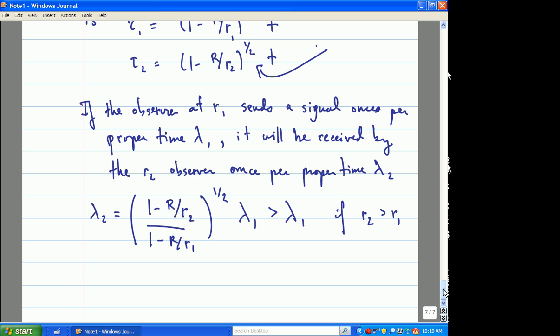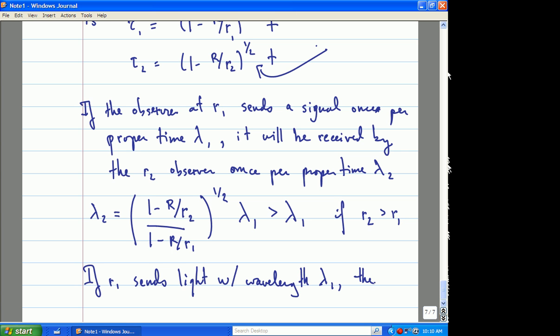So if R1 sends light with wavelength lambda 1, the wavelength, okay, that's not a very legible word.